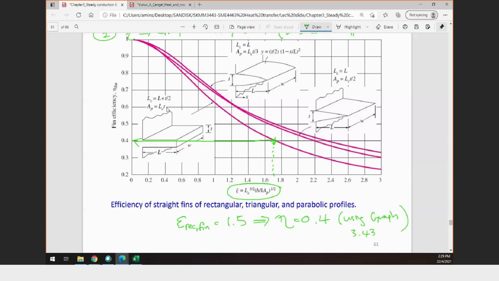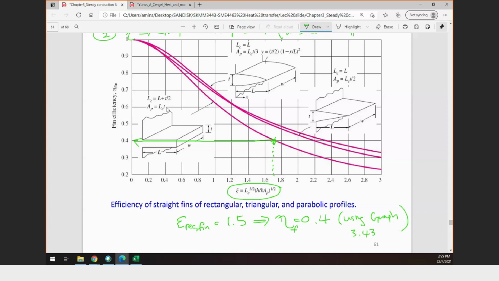So you can get it directly, but like I said, the value is from the approximation method.